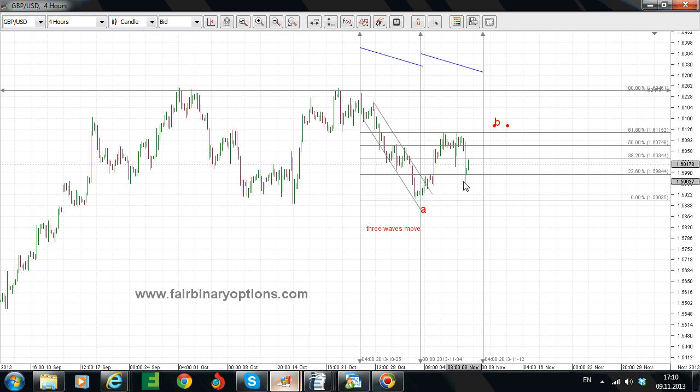Basically we're looking for price to go above 161.15 in a time more than the 12th of November at 4 o'clock GMT. 12th of November is going to be Tuesday, so Monday is 11. Tuesday, so more than Tuesday, we should go above 161.